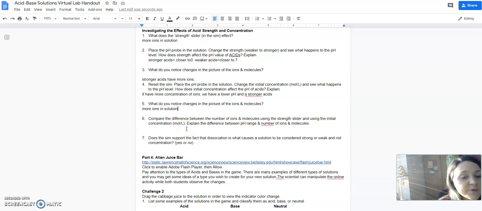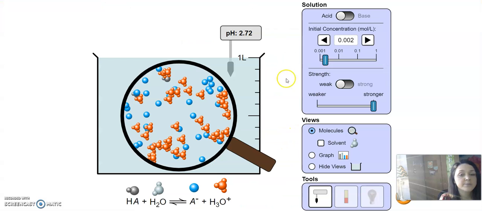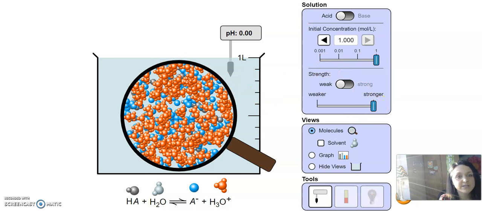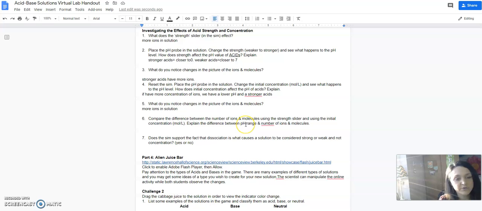We know that if there's more ions, we're going to have a lower pH if it's an acid. And if we have less ions, it's going to be a higher pH, closer to 7. So does this support the fact that dissociation, or splitting apart of ions, is what causes a solution to be considered strong or weak? Yes, because when we are strong and we have a high concentration, we have lots of ions, lots of dissociation going on.